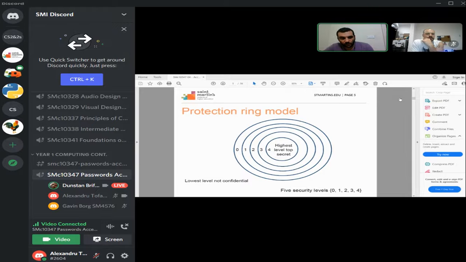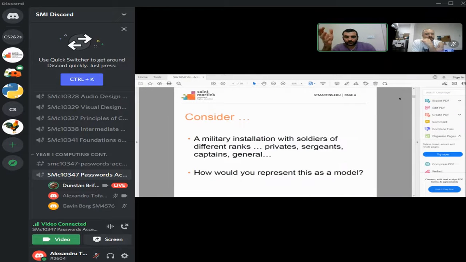Looking at this idea, you would have the general who has more rights than a captain. A captain would have more rights than a sergeant, more rights than a private, and so on. This is one way of representing access control, because access control is all a question of how we are going to represent the access control that we want to offer.